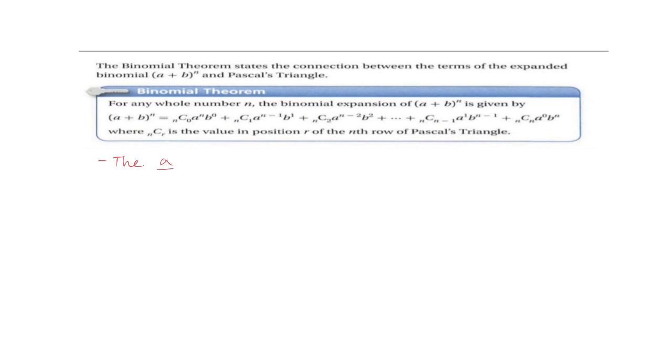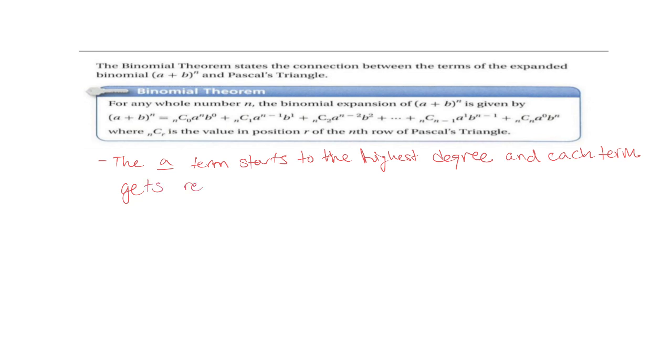The a term starts at the highest degree, and each term gets reduced by 1 until the degree is 0.